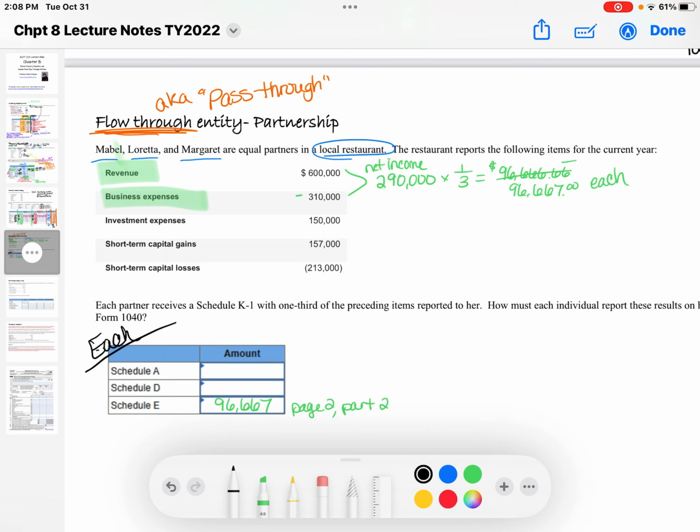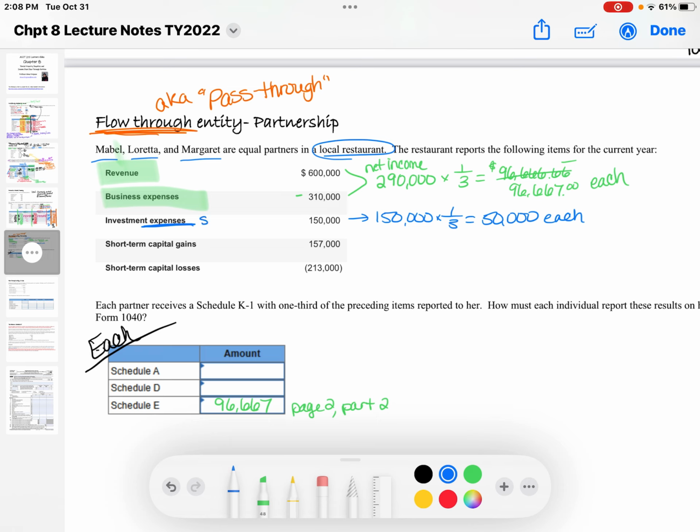Okay. They also have some investment expenses that they put together with this restaurant. So maybe they're doing some investments as well. So also we've got investment expenses, $150,000. So we'd multiply that by 1/3, also divide it by 3, right? Same idea. So each person has $50,000 of investment expenses.